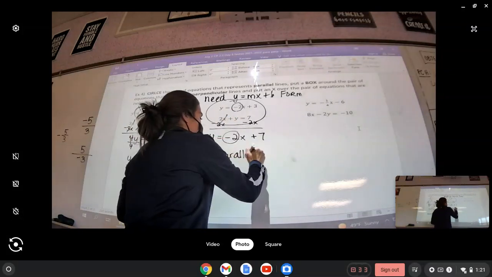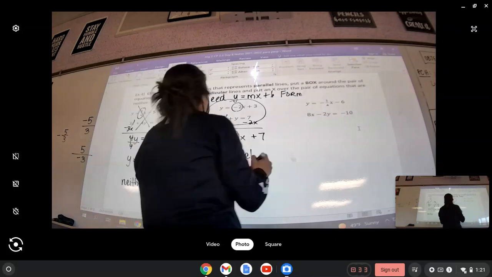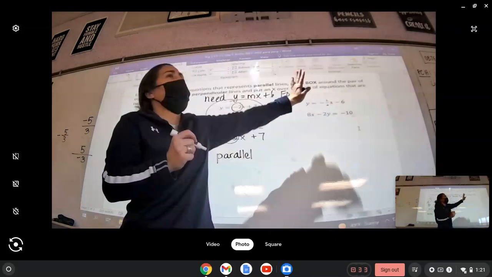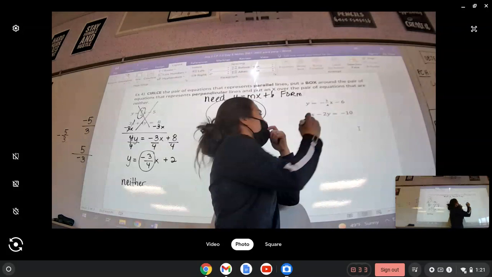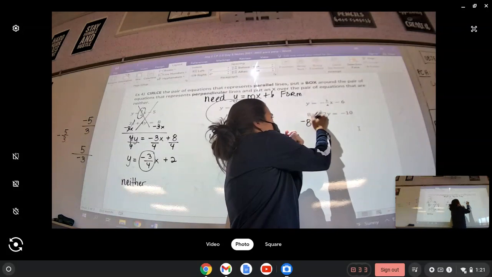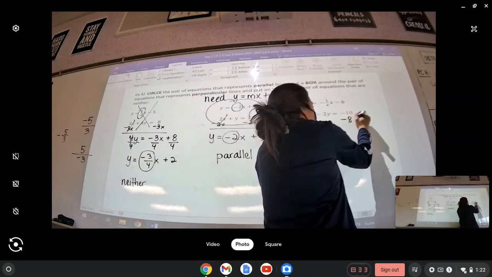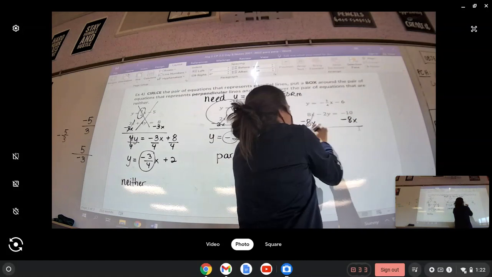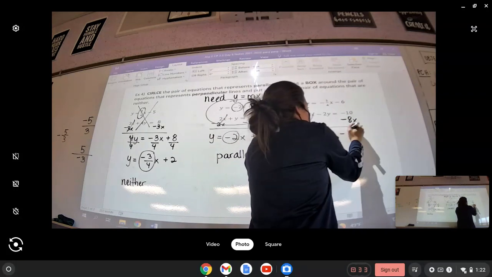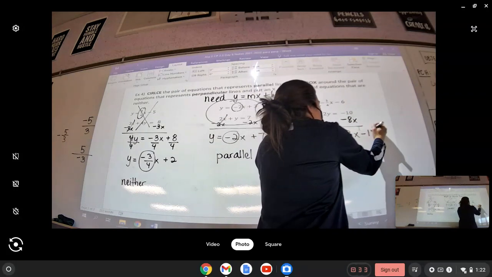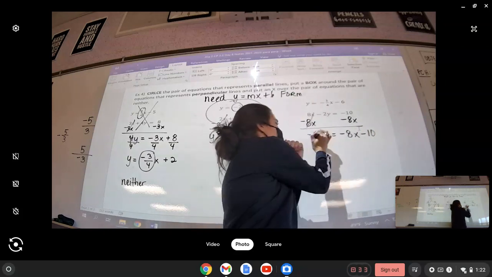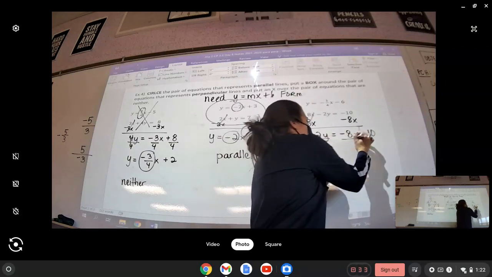All right, last one. First one is beautiful. Guys, don't touch them. Solve that bottom one for y, which we have been training for months. -2y equals -8x minus 10. All I have to do is divide that -2 out of there.